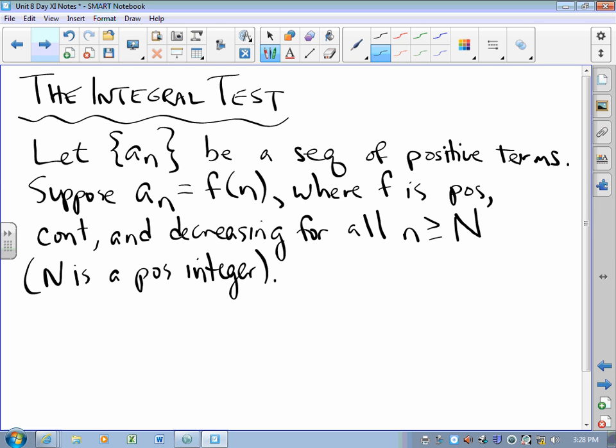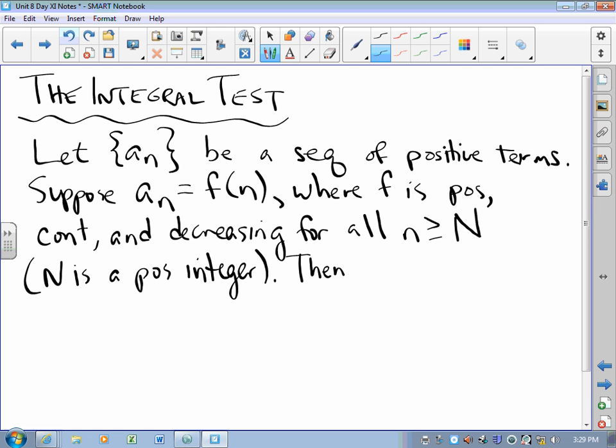That is to say, if you were to plot the graph, 1, comma a1, 2, comma a2, 3, comma a3, and so on, if you were to plot the points, eventually, after some point, the function you get is positive, continuous, and decreasing.